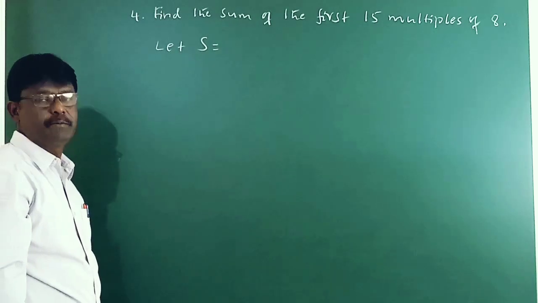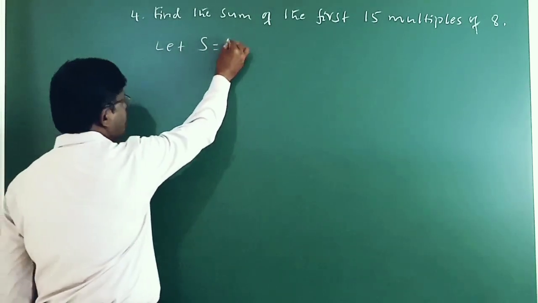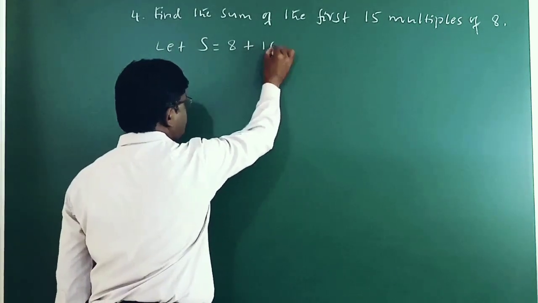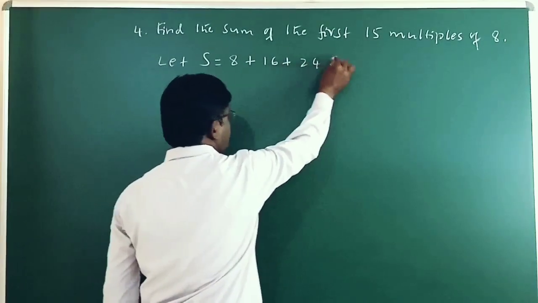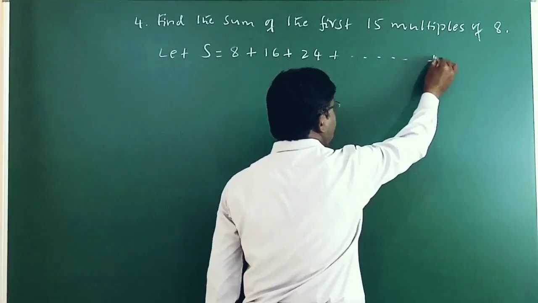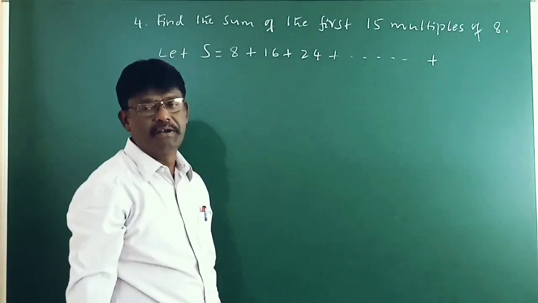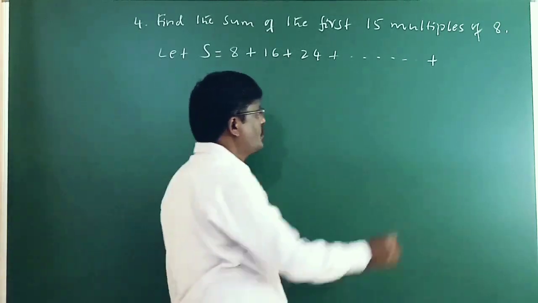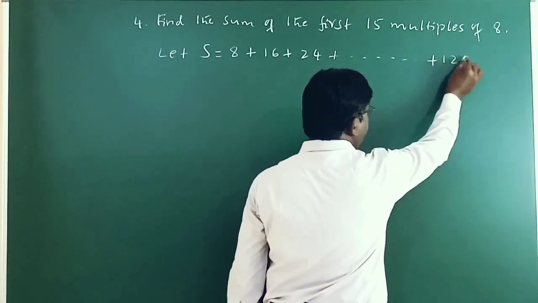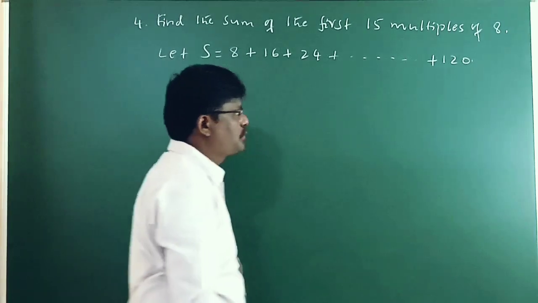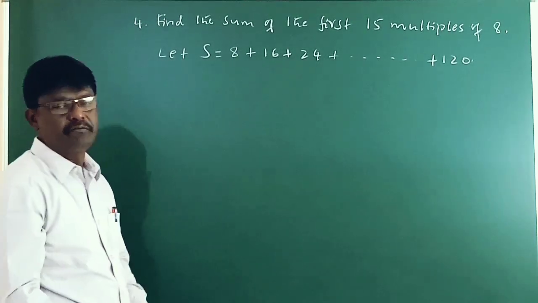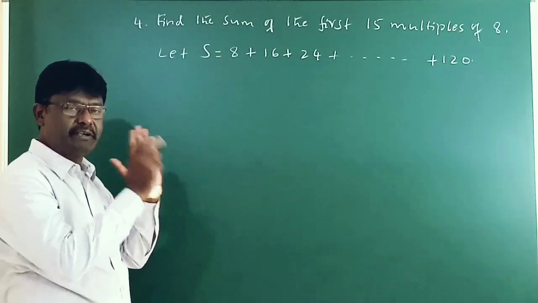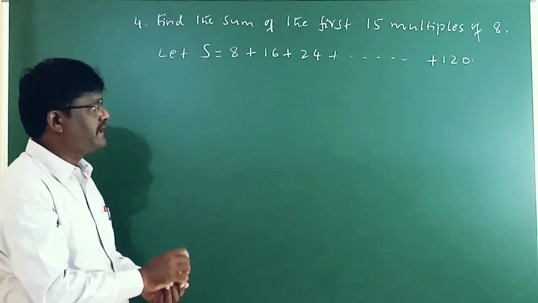Therefore, the first multiple of 8 is 8 ones are 8, plus 8 twos are 16, 24, etc. What will be the 15th multiple of 8? Yes, it is 120. In the previous problem, I told you, whenever the problem is on multiples or divisibility, we shall take that itself as the common factor.